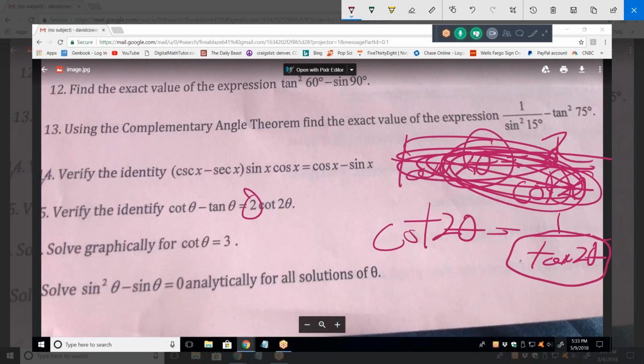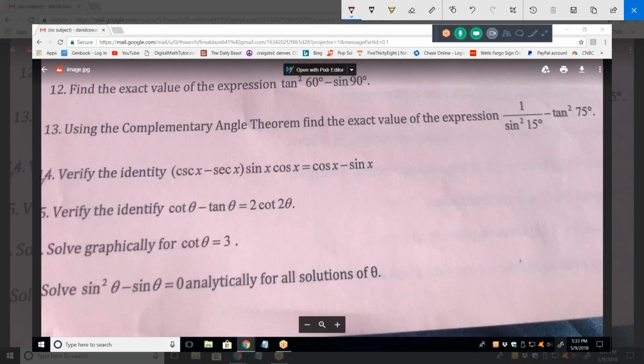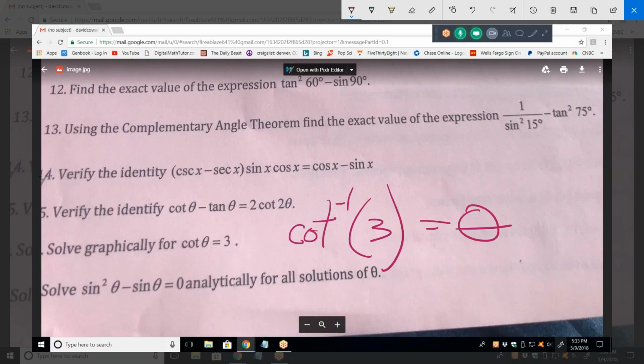The next one. How are we going to do that? I am not sure. Is this just the sine and cosine graphs? Solve graphically. Well, we could certainly solve it algebraically in your calculator. That's the inverse cotangent of 3 equals theta.